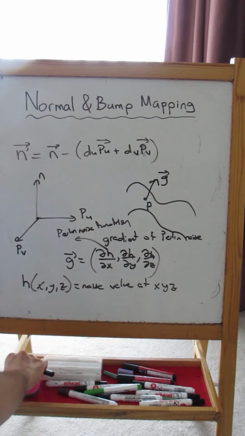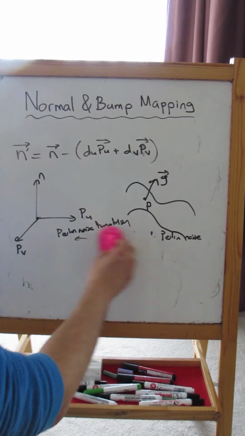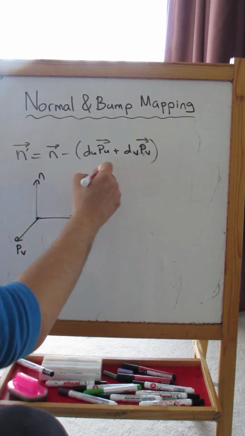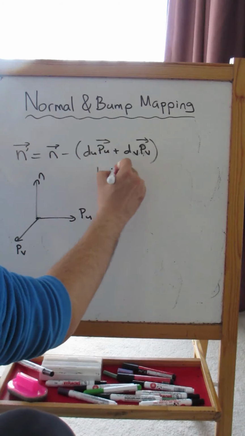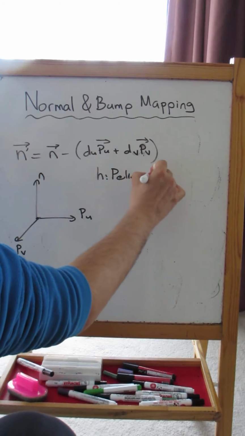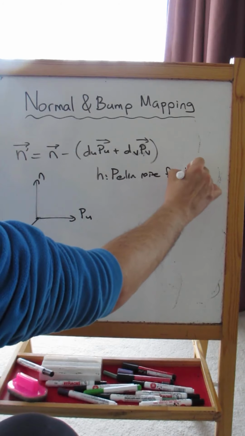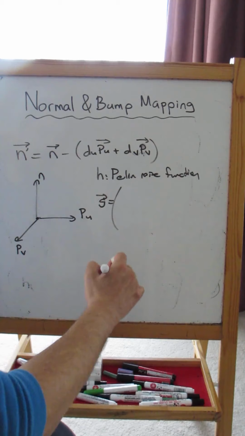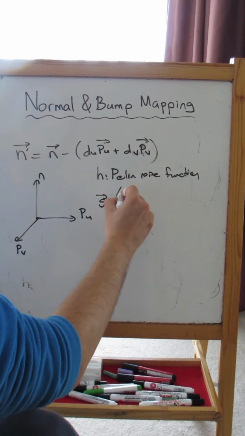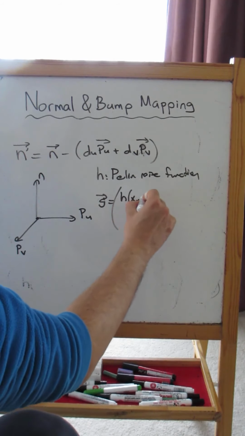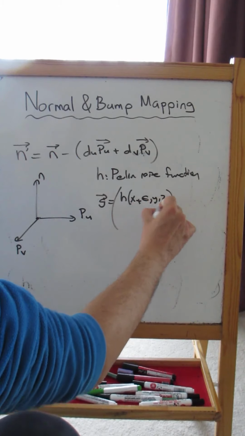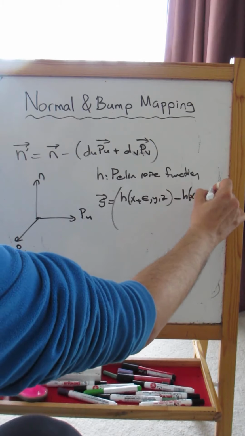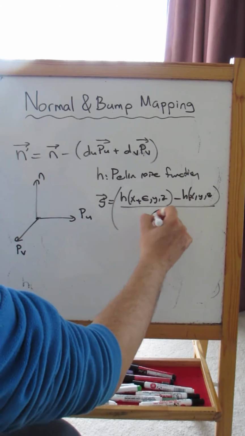Now, from a practical point of view, this can be computed as follows. The gradient of the Perlin noise, where h is the Perlin noise function. The x component of the gradient can be computed as h(x plus epsilon, y, z) minus h(x, y, z), divided by epsilon.